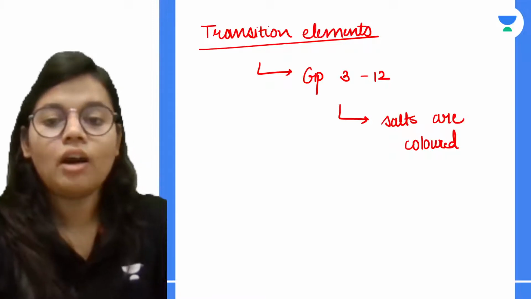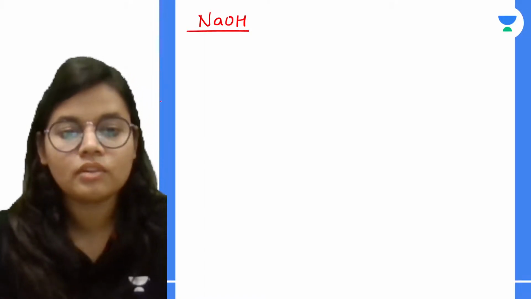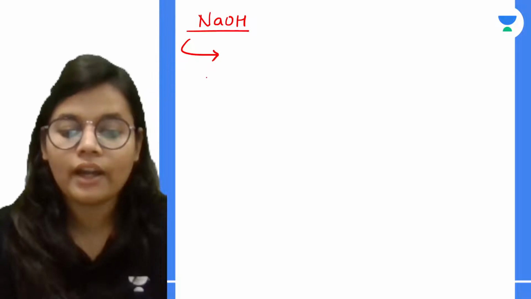Okay, now right now in this particular class we are going to focus on one topic, which is if we are given some metallic salt solution. जैसे कि हमें कोई भी particular salt solution दे दिया है, and we have to identify which type of salt is present in it, and the reagent that is given to us is sodium hydroxide. Okay, so how to go for that?